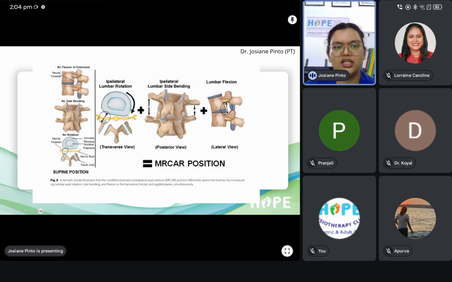There is elongation here. So if I'm turning towards this side, there is elongation on this side where there is pain. Say I have pain on my right side. So me turning this side will cause a distraction here. Then again me bending towards this side will cause a distraction on this side. And then the same thing with lumbar flexion.